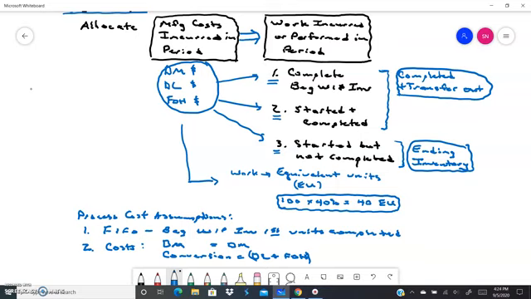Now, with respect to direct materials, we're going to assume that 100% of the costs enter in at the beginning of the process. In other words, 100% of the costs are going to be included when the direct materials are added.